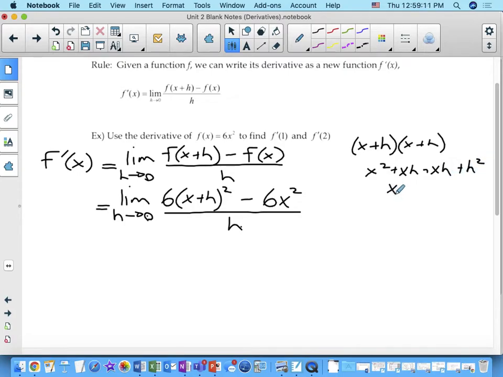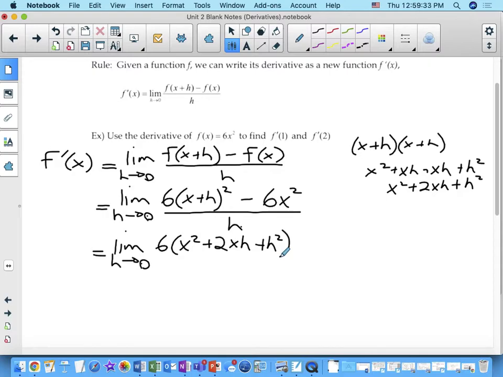So that's x squared plus 2xh plus h squared. Okay, so that is going to be the limit as h approaches 0 of 6 times x squared plus 2xh plus h squared minus 6x squared over h.